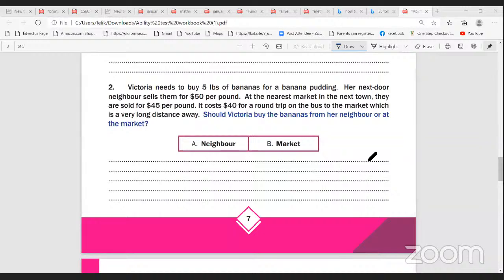It costs $40 for a round trip on the bus to the market, which is a very long distance away. Should Victoria buy the bananas from her neighbor or at the market? All right, beautiful reading. Nice, lovely.